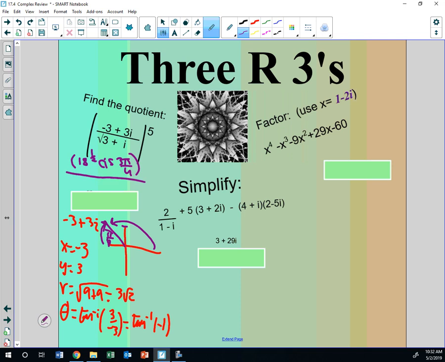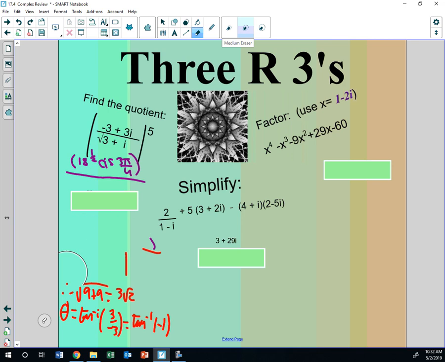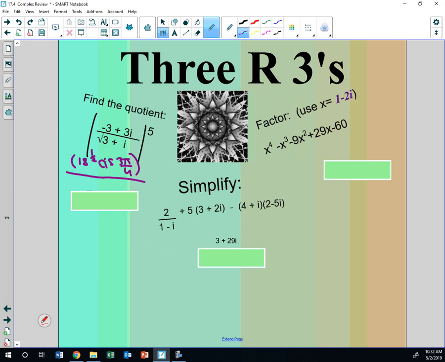Now we're going to do the same thing for the square root of 3 plus i. So for this one, x is square root of 3, y is 1 times i, and then r is just going to be the square root of 3 plus 1, which is square root of 4, which is 2.